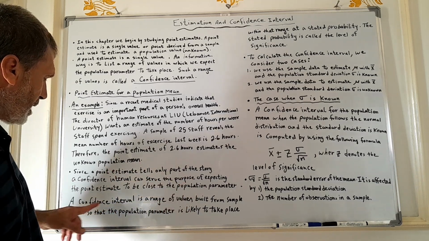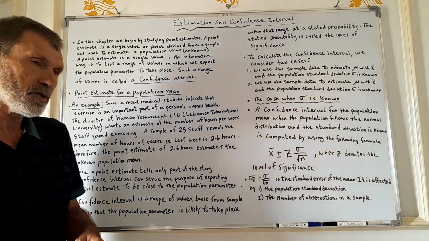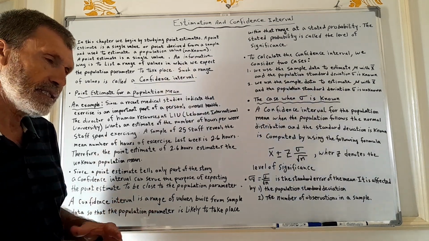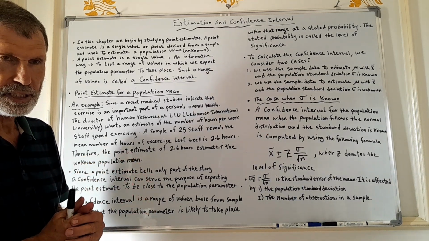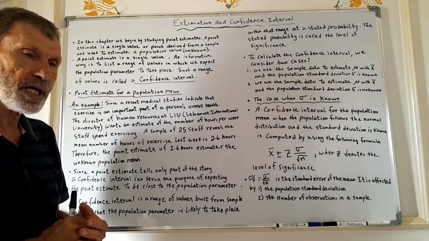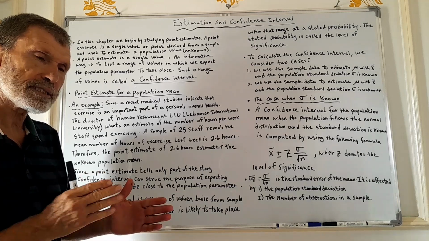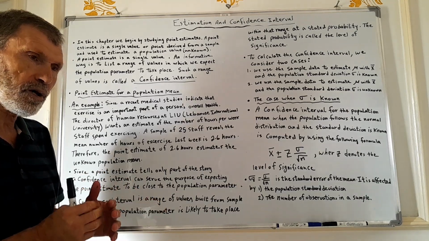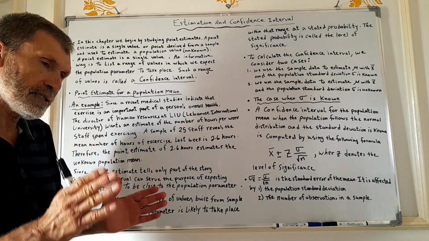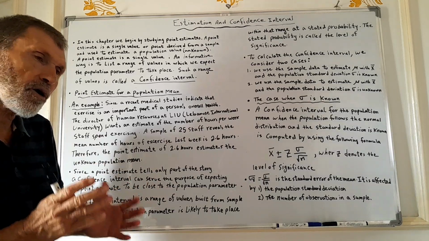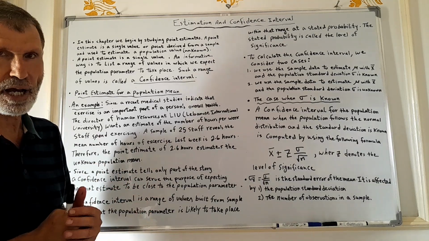To make sure that the population parameter you would like to estimate is within a certain range, a confidence interval would serve that.